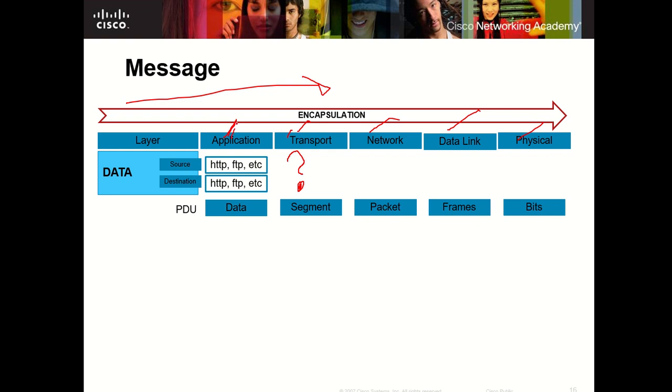Take note that the PDU name of the application layer is data. It is still data because our message at the application layer is still readable to us. What the application layer adds, so that our data is ready to travel to the other layers, is the source and destination protocols, depending on the activity you activate the moment you are online.